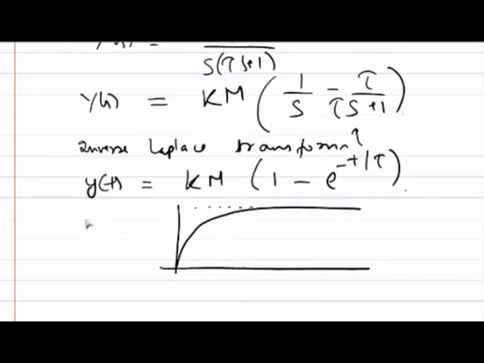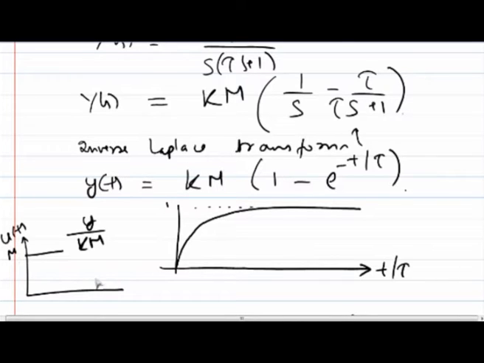If I see the normalized, okay, this would be t by tau. So this is what you get if you apply a step input to a first order system.